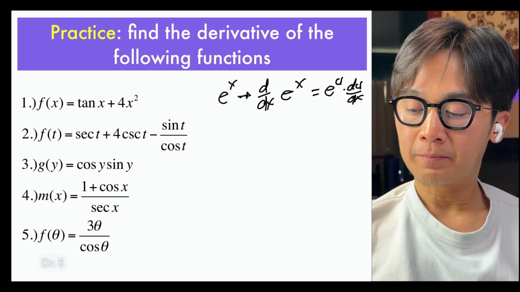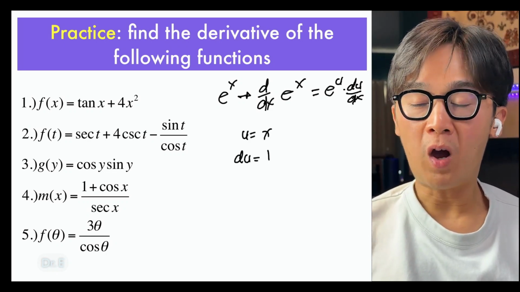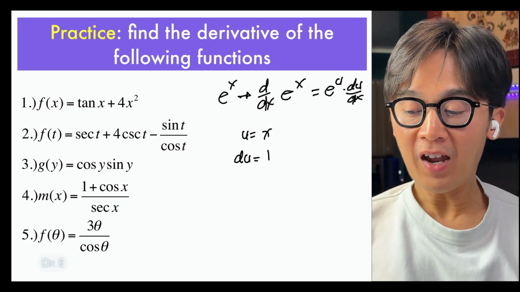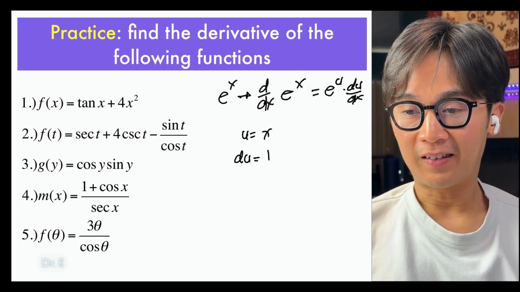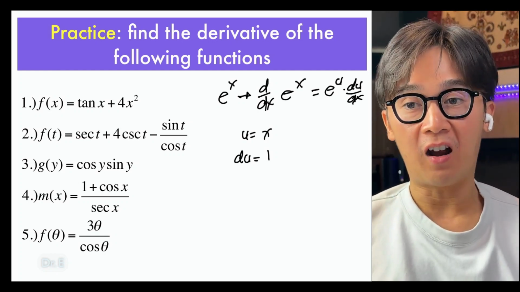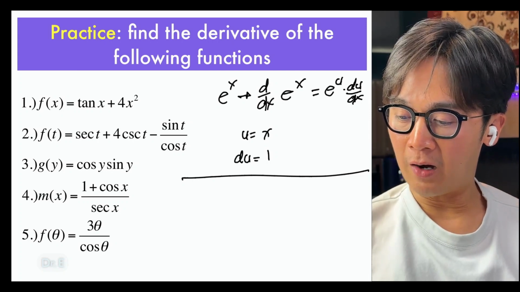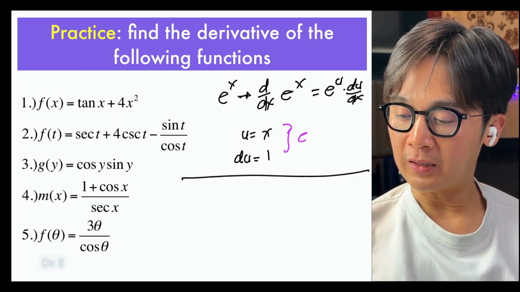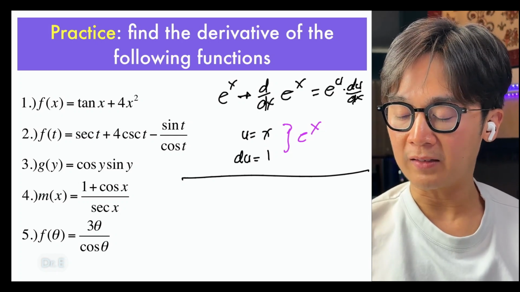So in this case, u is x, and du is 1, right? Therefore, the derivative of e to the x is simply e to the x.